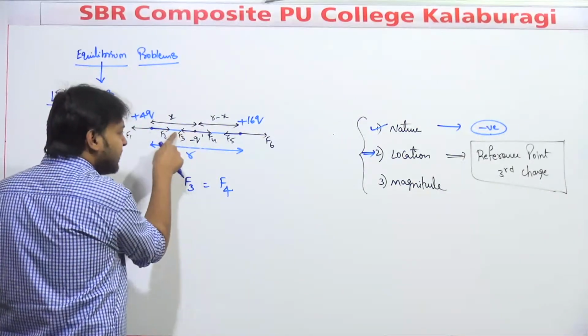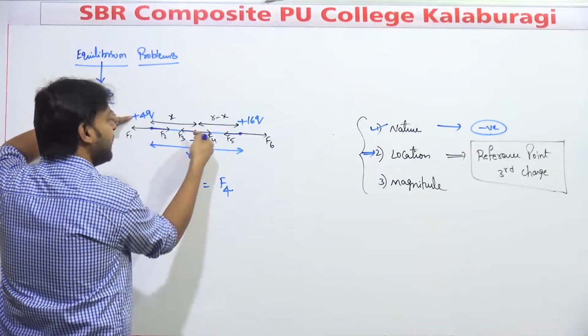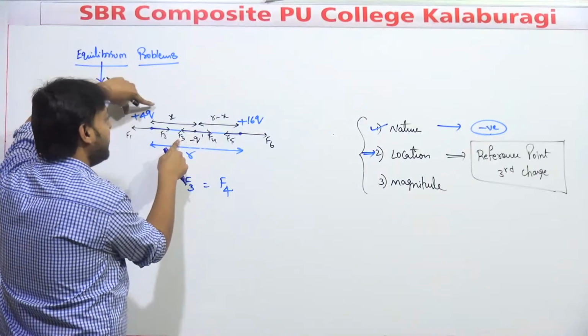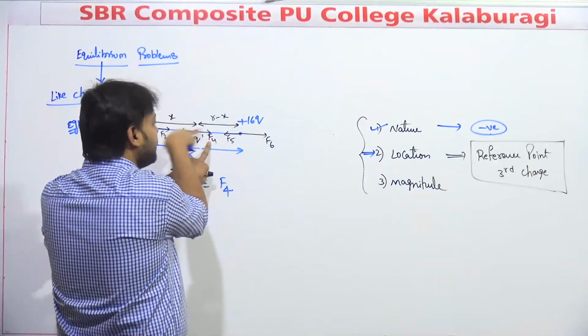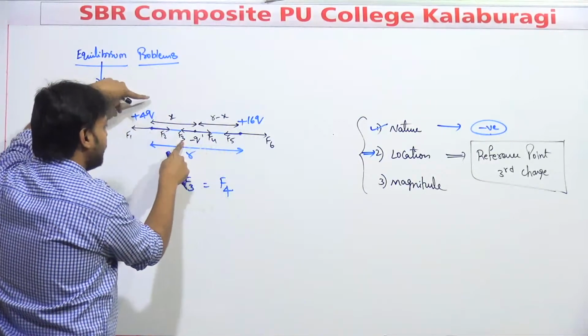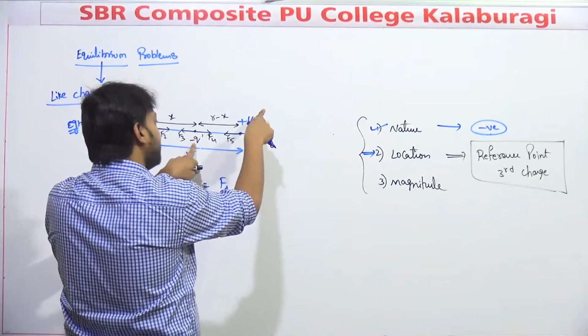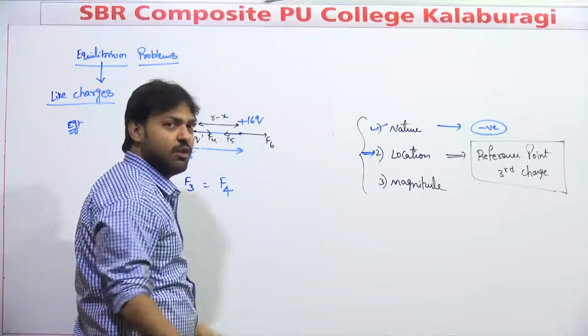Now what is F3? The direction I have shown, in the sense, negative and positive, attractive. F3 is due to plus 4q and F4 is due to plus 16q. F3 is due to plus 4q on minus q dash, and F4 is due to minus q dash and plus 16q between them.